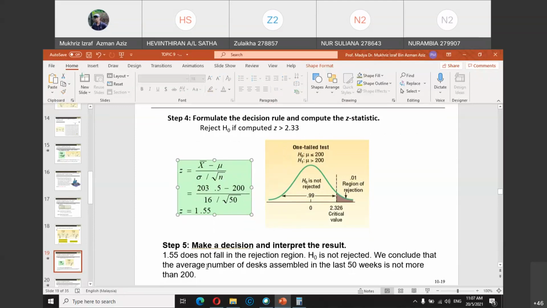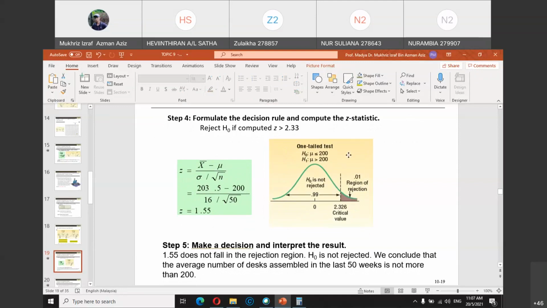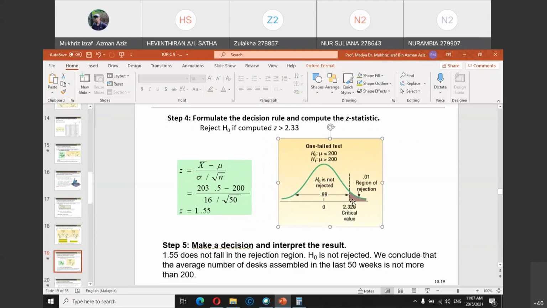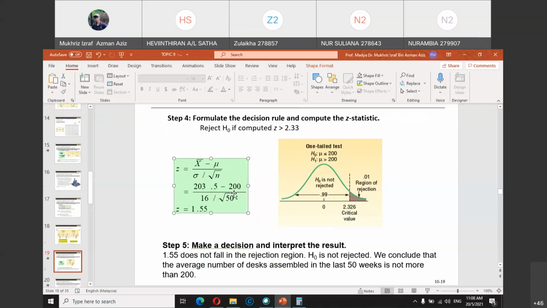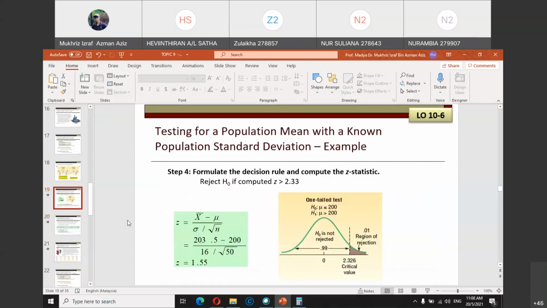This graph should be in step number 4 because you want to show the area of rejection. When you draw the area of rejection and show the critical value, it should be part of step number 4. This part should be in step number 5. You can move this one later.